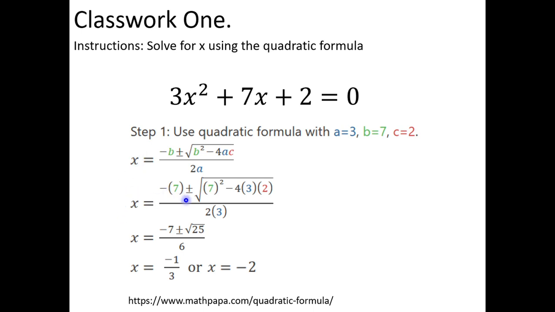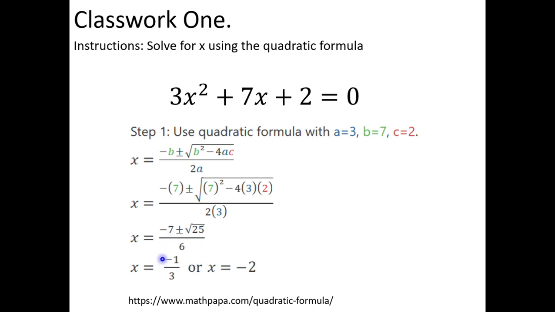Okay, putting in the numbers, 4 times 3 times 2, it's 24 again. 7 squared is 49. 49 take away 24 gives us 25. Square root of 25 is 5, because 5 times 5 is 25. So you end up with negative 7, plus or minus 5.